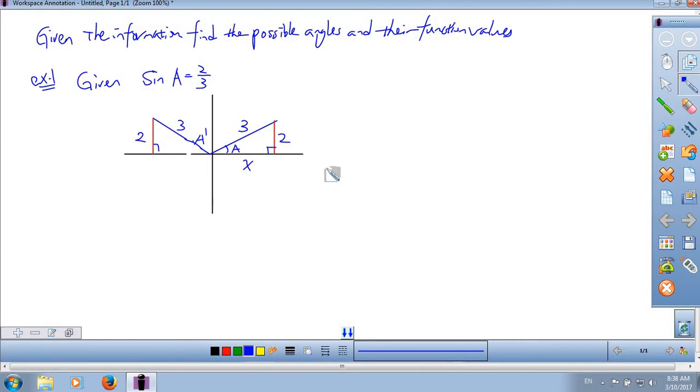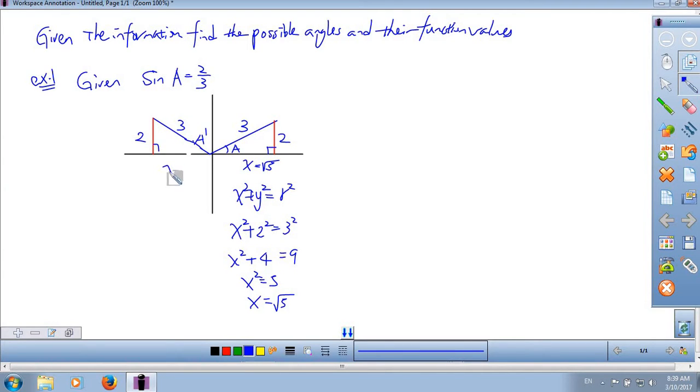Well, we can use the Pythagorean theorem. x squared plus y squared is equal to r squared. We don't know what x is, but we know y is 2 and r is 3. So this is 4, this is 9, so x squared should be equal to 5, and x is the square root of 5. So this guy will be positive square root of 5.